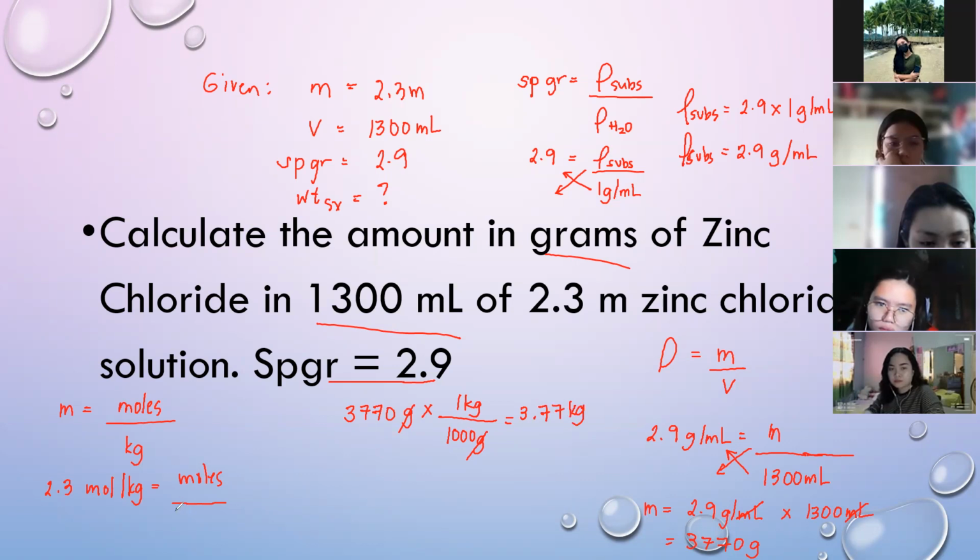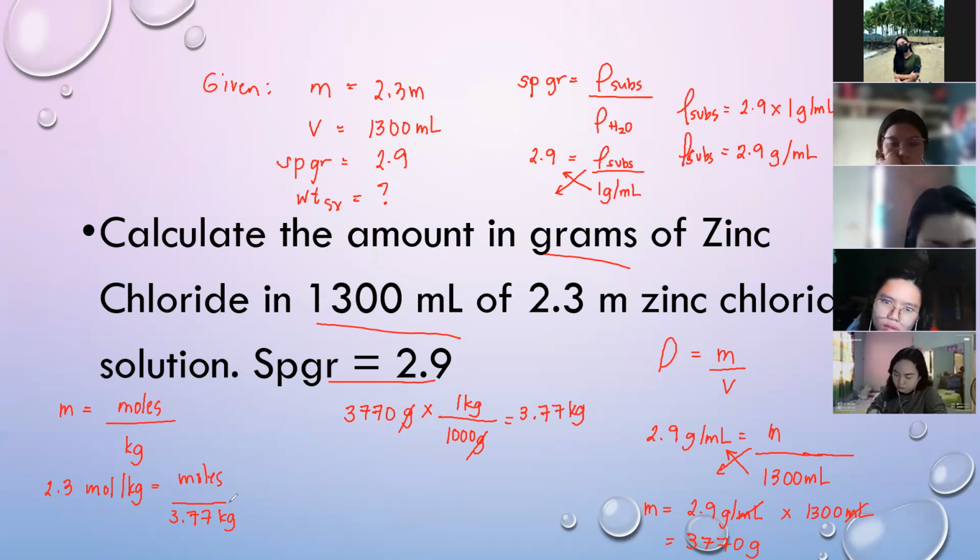Explain later ha. Ipatuloy muna natin. Medyo mahaba ito na computation. Okay? So meron na tayong amount of the solvent in kilograms, kasi hindi siya given sa problem. Ang given, 1,300 ml. Okay?